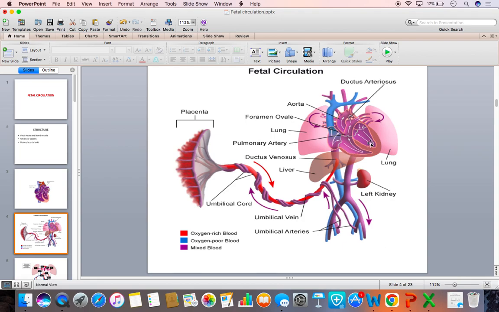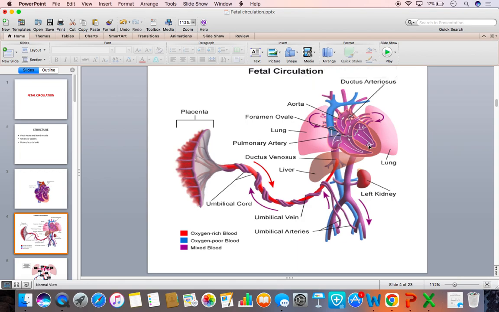Okay, left ventricle empties its blood into the aorta, then from the arch of the aorta, blood flows into the upper extremities and head and neck.